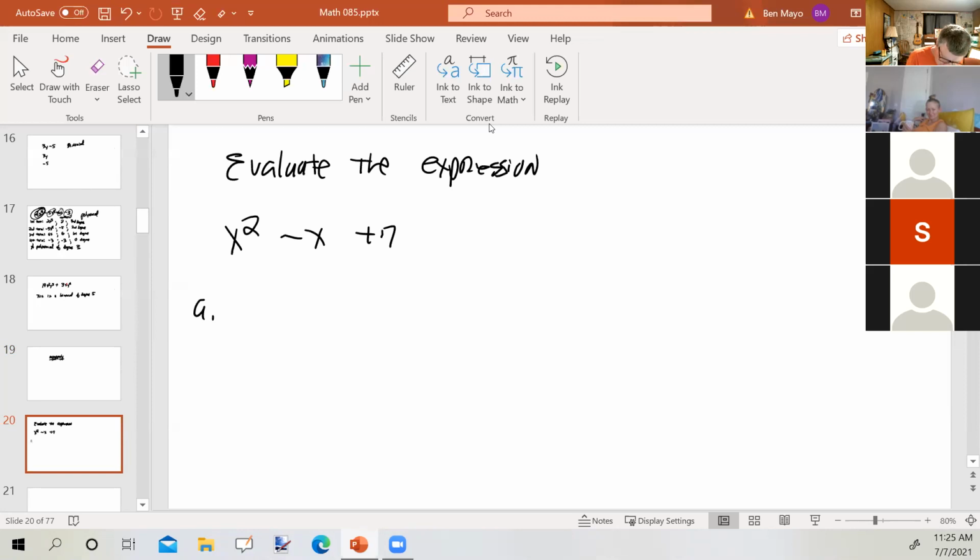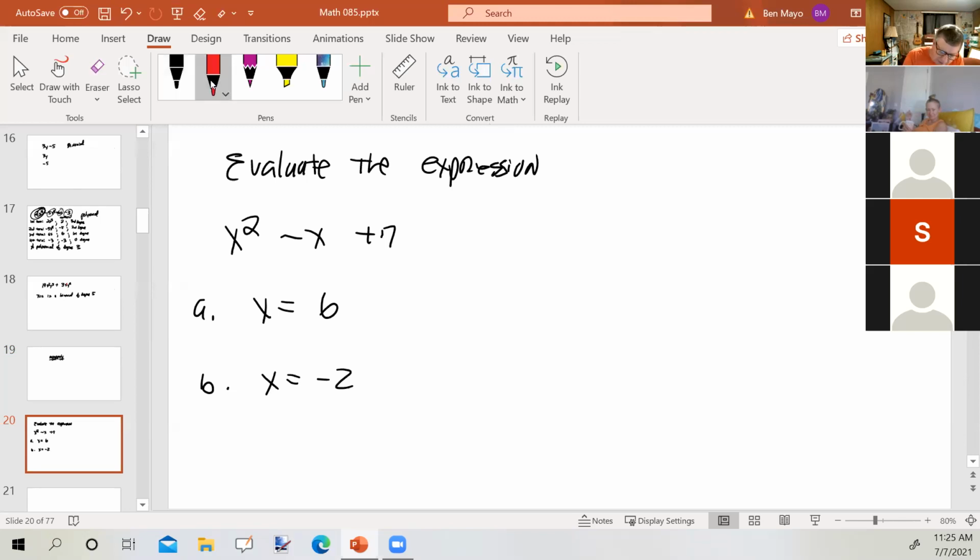And we're supposed to do part A where x is 6 and part B where x is -2. So when we're evaluating an expression, we're going to put the value for the variable in place of the variable everywhere it appears in the expression.